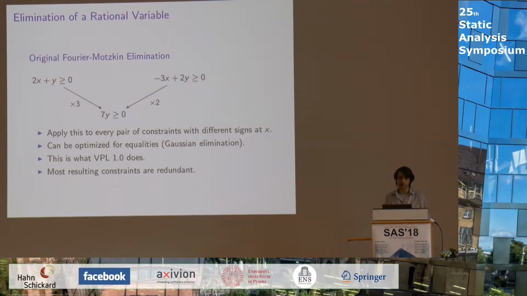The claim is that despite this algorithm being the more naive one, it actually works. The trick is that as you eliminate one variable, you can square the number of constraints, and most resulting constraints are redundant, so you have to remove redundant constraints regularly when you do this, because usually you eliminate not just one variable, but a whole set of variables.